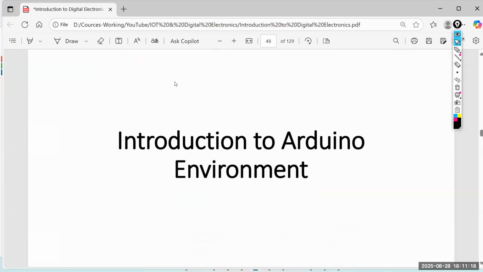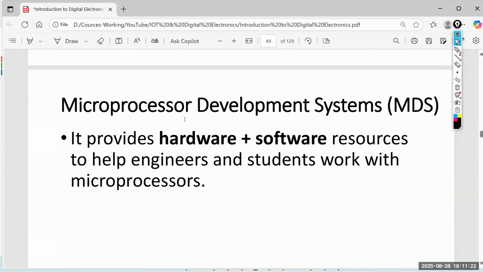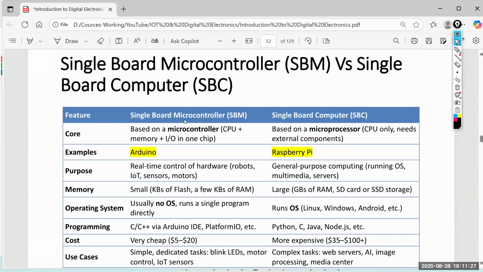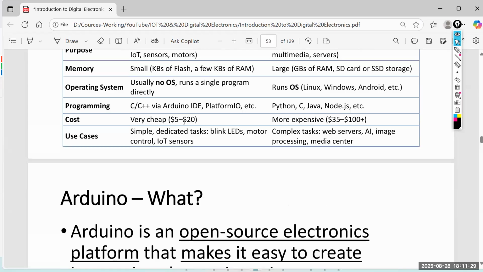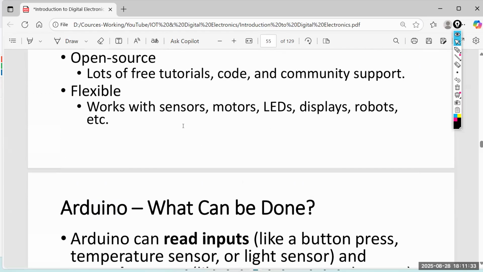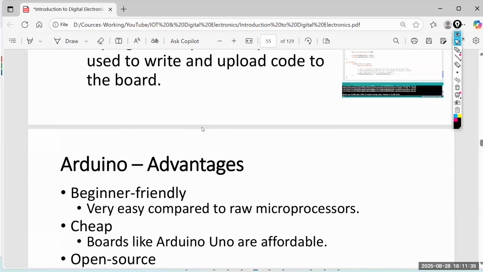Right. So next class we are going to look at the Arduino board and how to use the Arduino IDE and do a bit of digital electronic programming. You need to do it in a physical manner, but we will do it in our Tinkercad simulation environment.